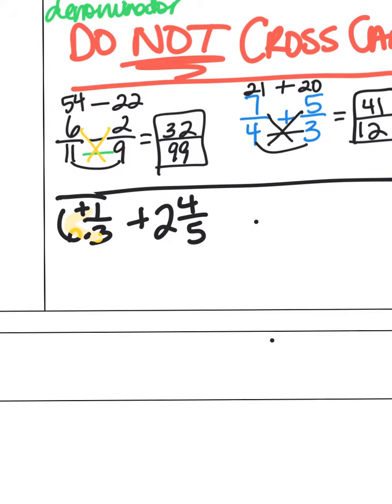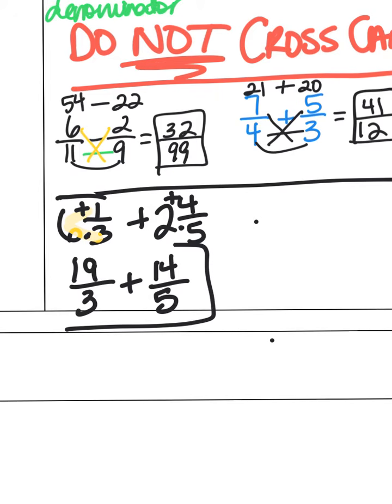So 6 times 3 is 18, plus 1 is 19/3. Okay? 5 times 2 is 10, plus 4 is 14/5. So now this is my problem I'm going to work with. Much easier. Don't have to deal with the mixed numbers.